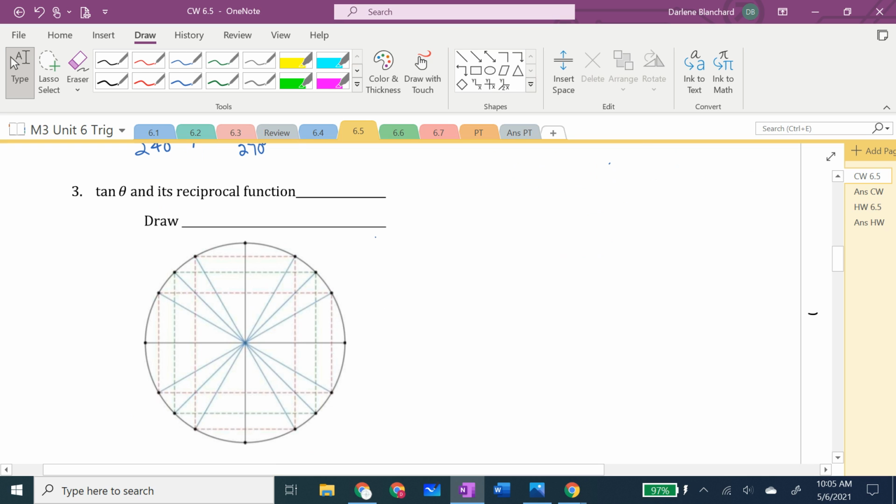Now, who is tangent's reciprocal function? Cotangent. Now, I recommend that if you get either of these two, you want to draw a line through the origin.